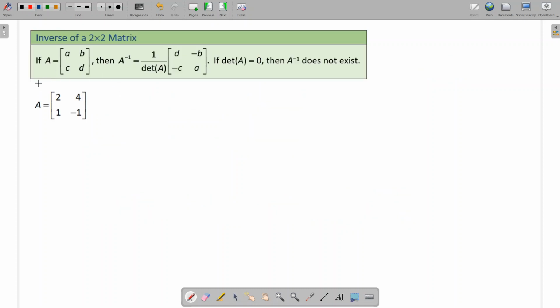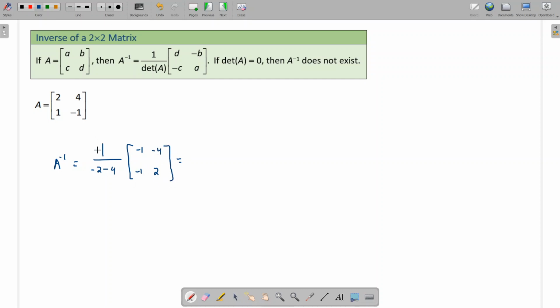Okay, so let's go back and apply that to the first matrix that we found an inverse of, this 2 by 2 matrix here. So according to this shortcut, the inverse should be equal to 1 over the determinant of this matrix. So that determinant is going to be 2 times negative 1, which is negative 2, minus 4 times 1, which is 4, multiplied by, now on the inside we need to flip this diagonal, so negative 1 here, 2 here, and then this diagonal doesn't flip, but we do put in minus signs, so negative 4 and negative 1.